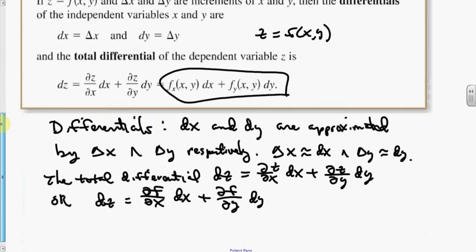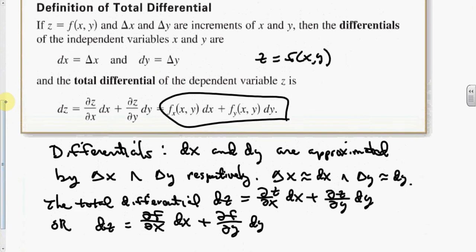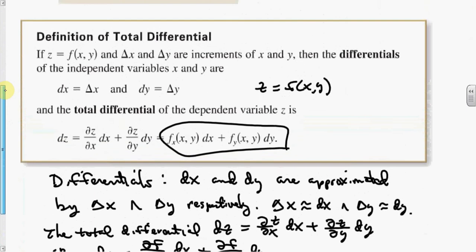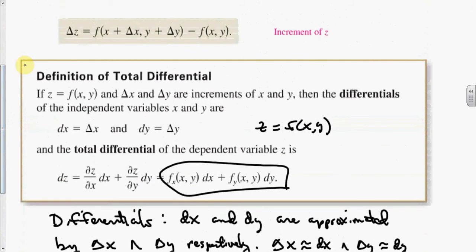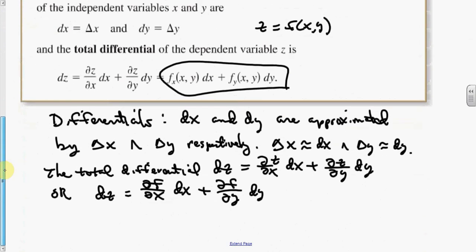If they ask for the increment of z, it kind of acts like the change in y, but here the change in z is with respect to x and y.